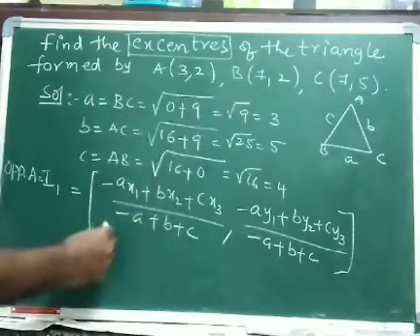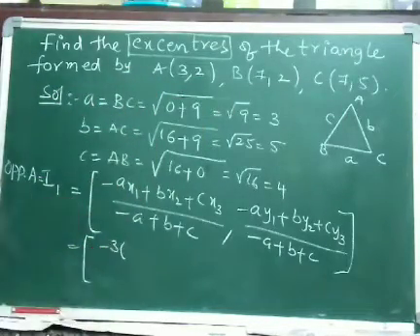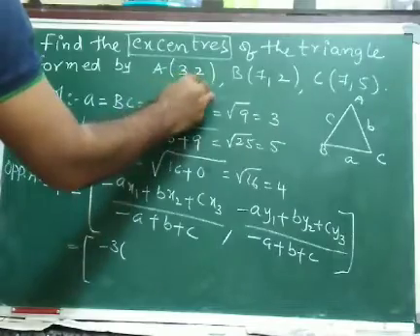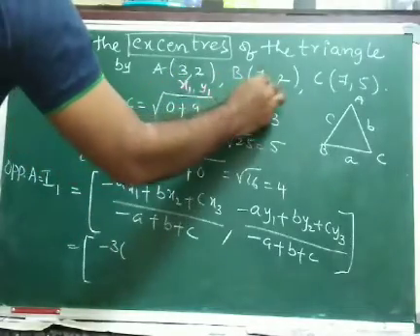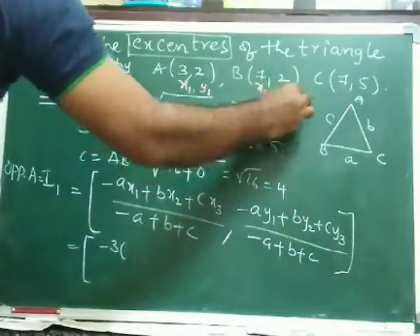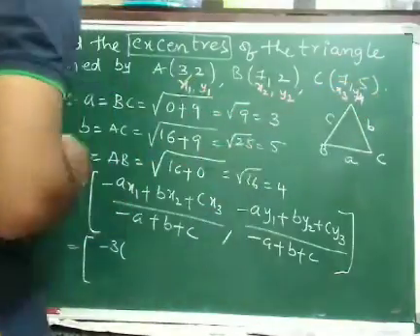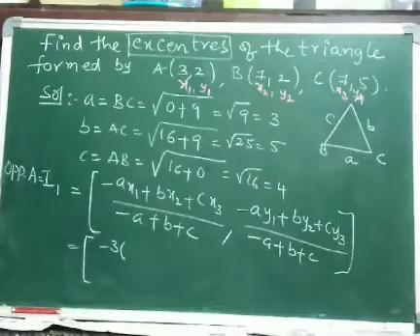Capital A is always x1, y1, capital B is x2, y2, and finally capital C is x3, y3.